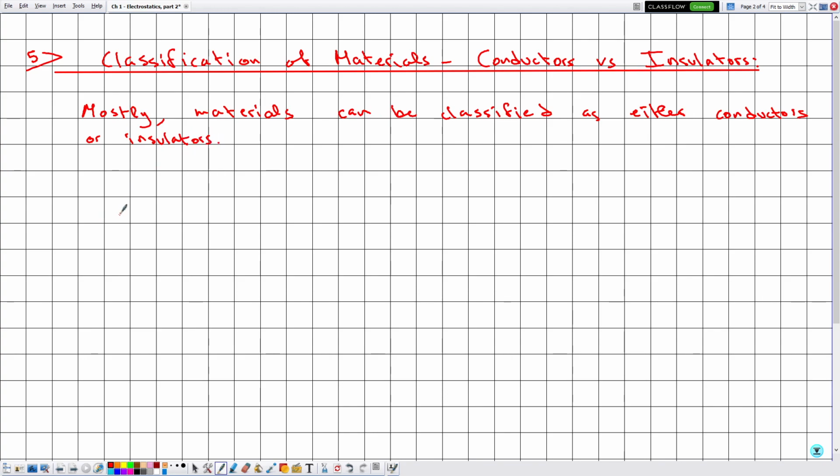And this depends on how electrons can move, or the passage of electrons through the material itself. And let me say that in conductors, electrons can move easily.